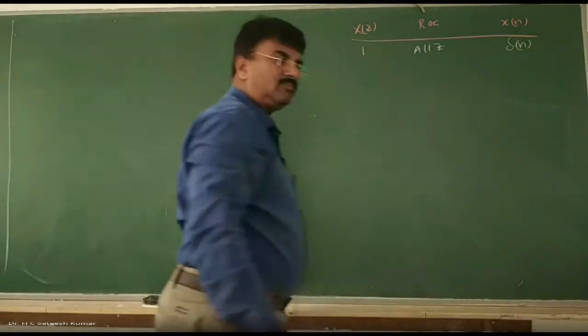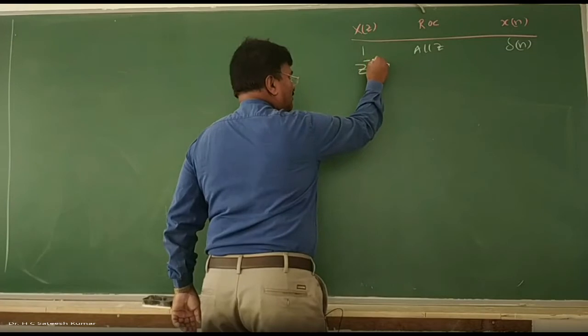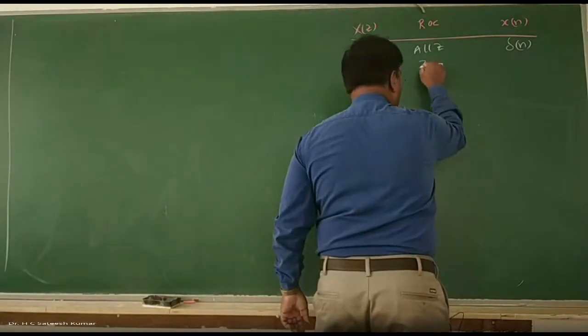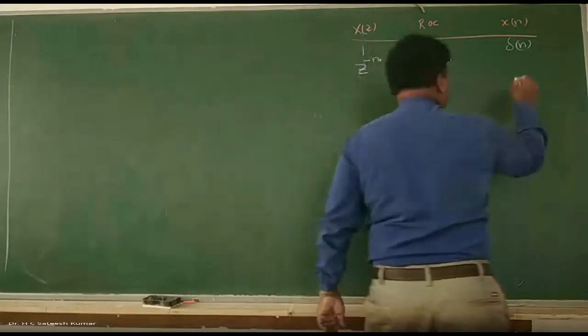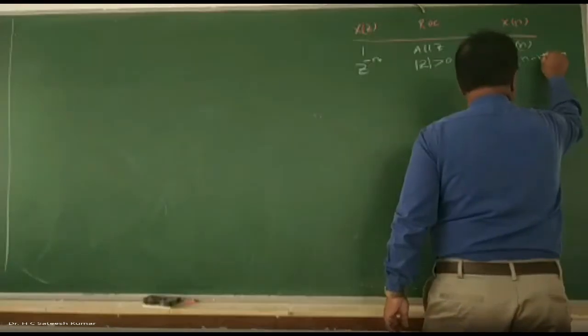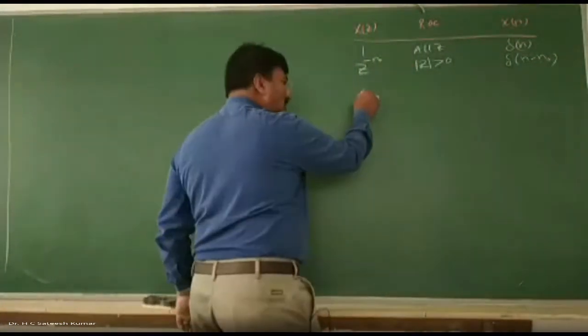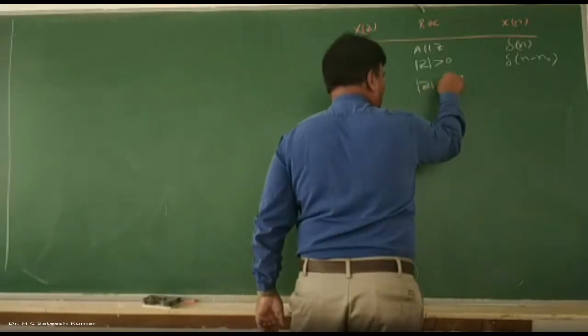X of z is z to the power of minus n naught, ROC mod z greater than 0, and x of n is delta of n minus n naught. Reverse of that: z to the power of plus n naught with ROC mod z less than infinity.